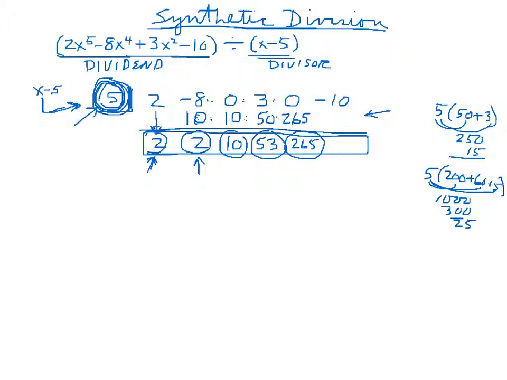So I'm looking at 1,325. And then I add these two together, and I end up with 1,315. I have finished my synthetic division.